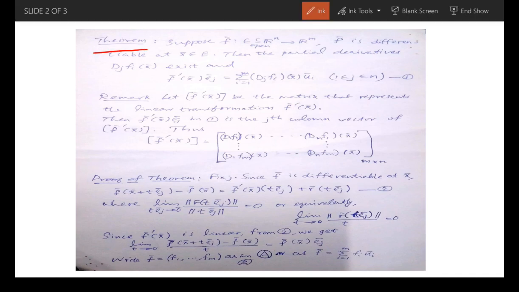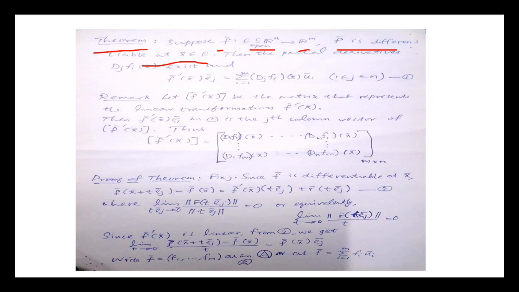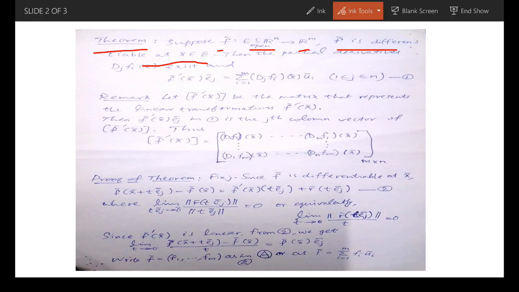We will prove a theorem. Suppose E is an open subset of Rn, f maps E into Rm, and f is differentiable at a point x in E. Then all the partial derivatives of f exist, and f dash x into ej is equal to sigma i equal to 1 to m dj fi of x times ui.